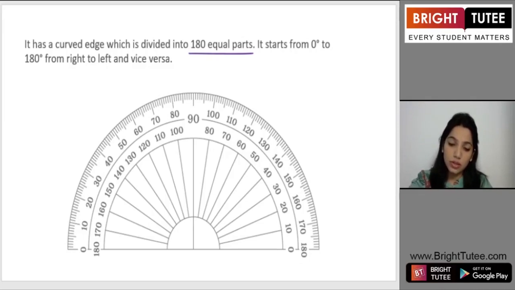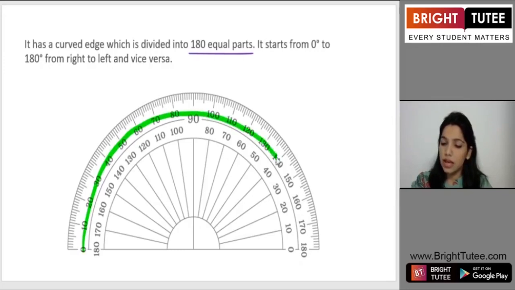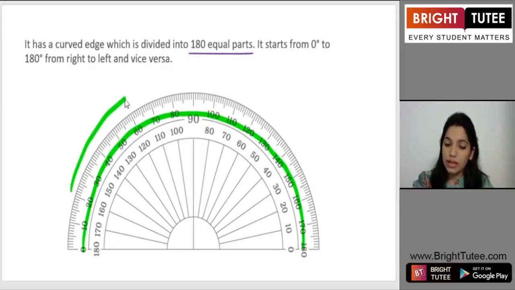Here, look into this diagram. Clearly what you can see is that these angles are marked 0, 10, 20, 30, 40, 50, 60, 70, 80, 90, 100, and it goes till 180. And in which direction am I moving? I'm moving from left to right.